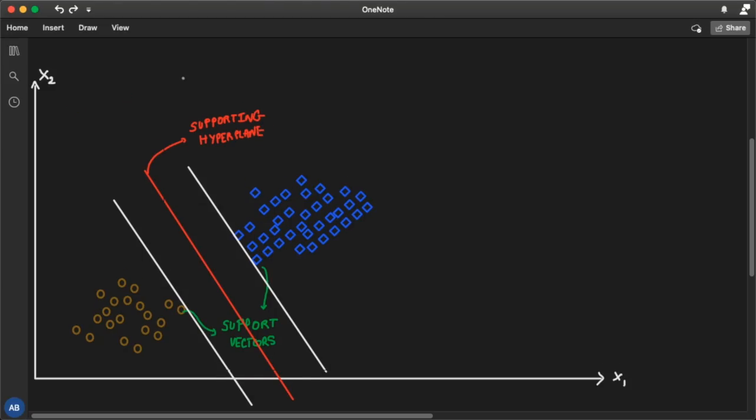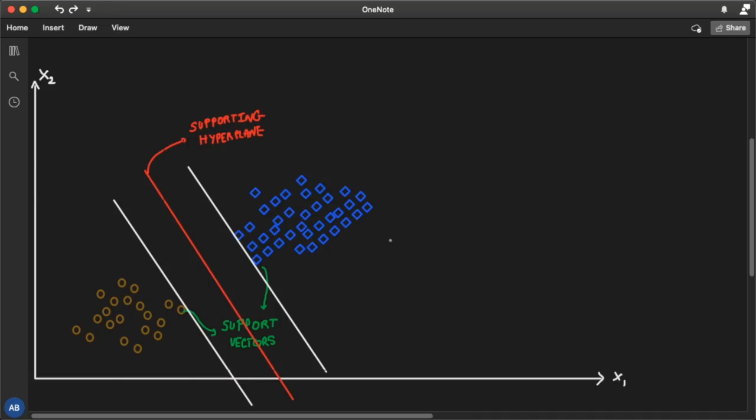Okay? So now the question is the following. How could I find this supporting hyperplane given my training set? That is, both data sets and their corresponding classes.